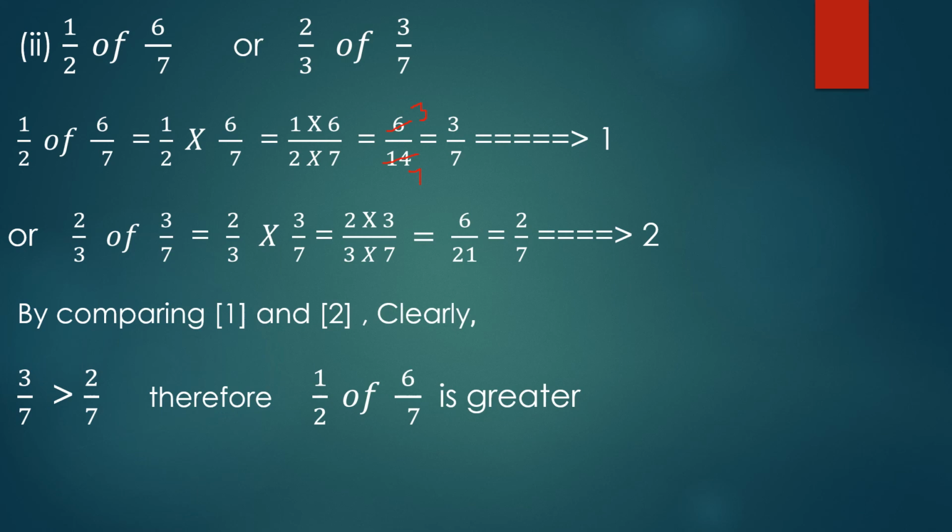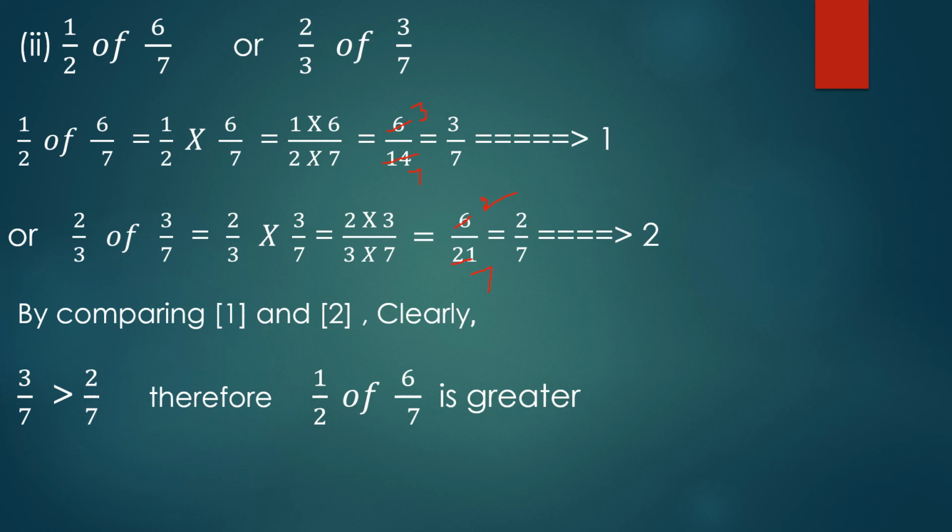And the second one, 2 by 3 of 3 by 7, which is equal to 2 by 3 into 3 by 7, equal to 2 into 3 divided by 3 into 7, equal to 2 3s are 6 and 3 7s are 21. Therefore 6 by 21 equals 2 by 7, because 3 2s are 6 and 3 7s are 21.